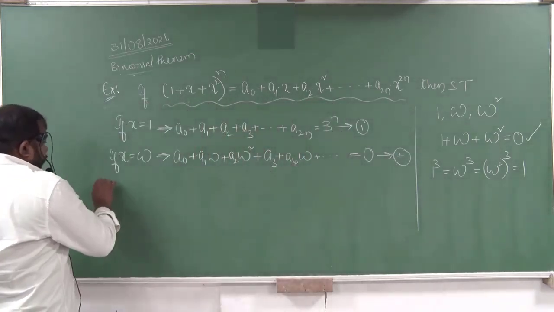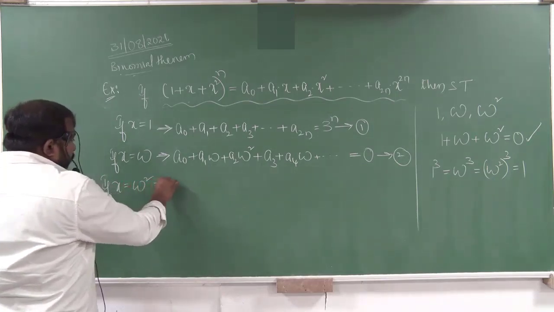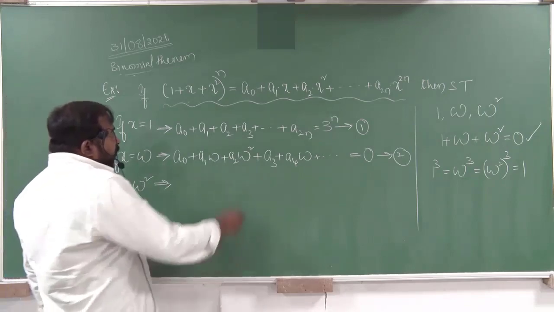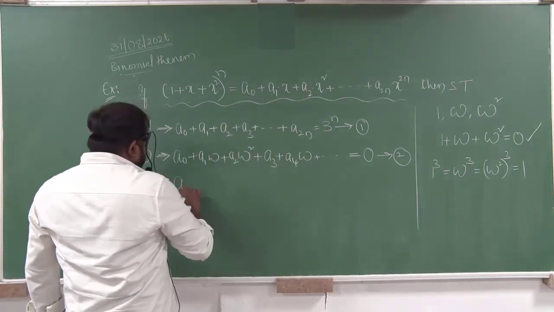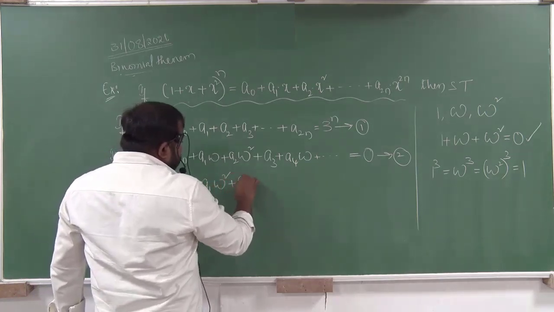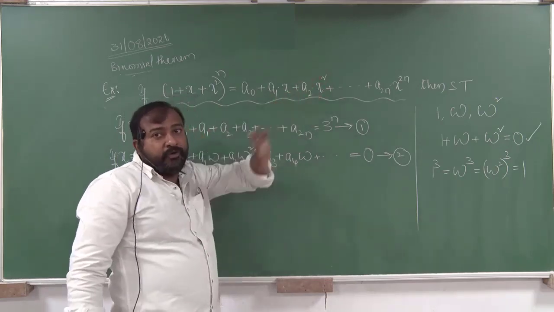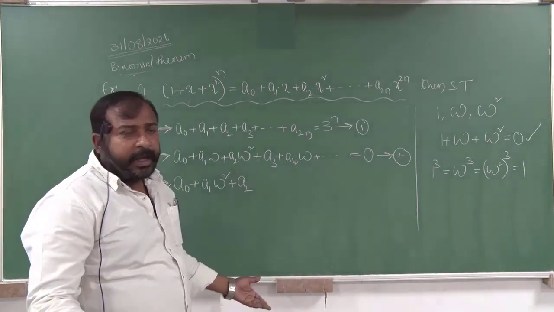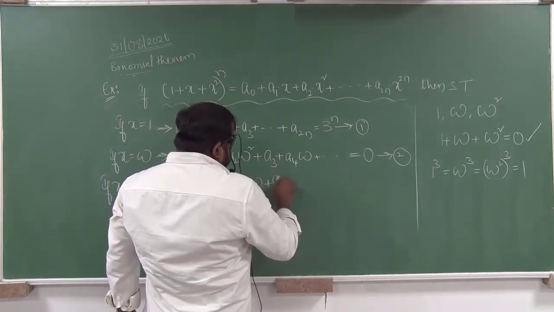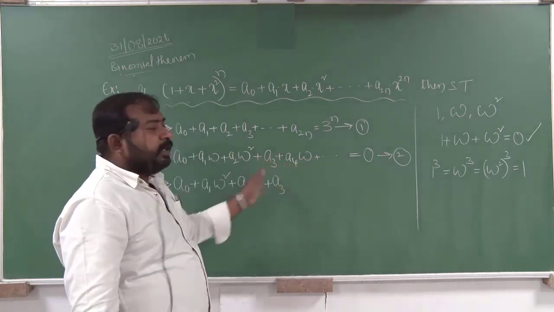Similarly, next you can replace, ma'am, x is equal to omega square, complex cube root of unity. If x is equal to omega square, first to calculate this value: a0 plus a1 into omega square plus a2 into omega square whole square, omega power 4. What is omega power 4 value? Again omega only. a2 omega plus a3 into omega square whole cube, omega square whole cube value 1. Leave it.